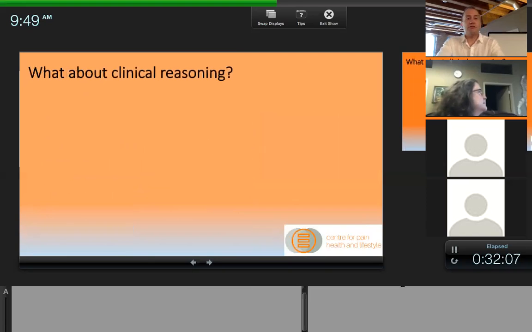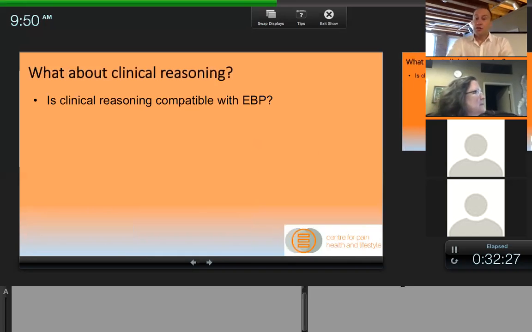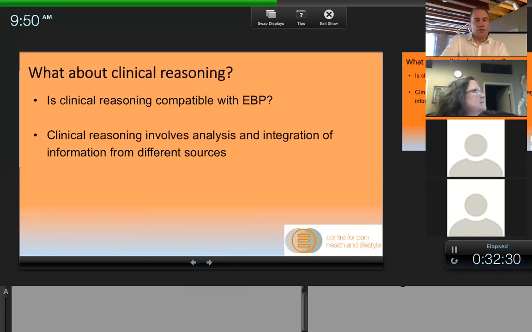Yeah, so what about clinical reasoning? Again, this is this idea that there's this conflict between evidence-based practice and clinical reasoning. So this idea that EBP takes away your need, but also your ability, to use your own reasoning in practice. So is it compatible? What does clinical reasoning involve? Essentially, it involves taking a whole heap of information, analysing it, and integrating it from different sources.